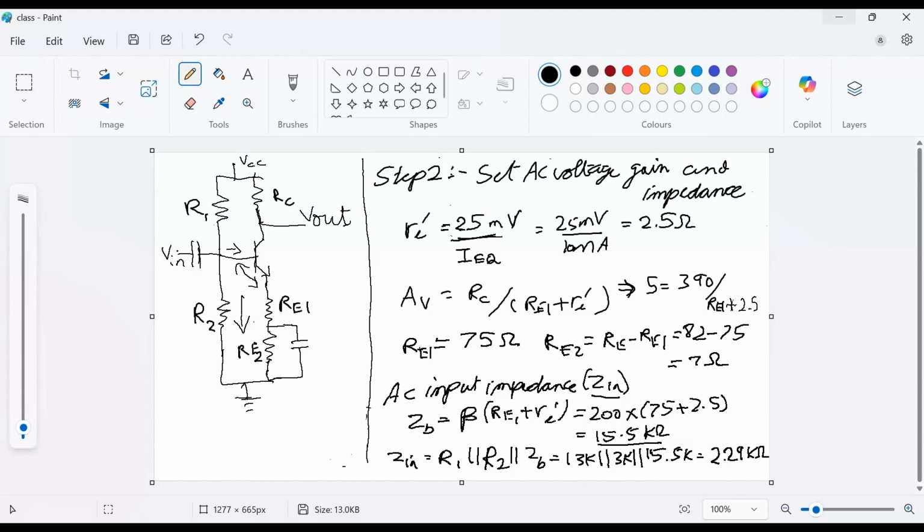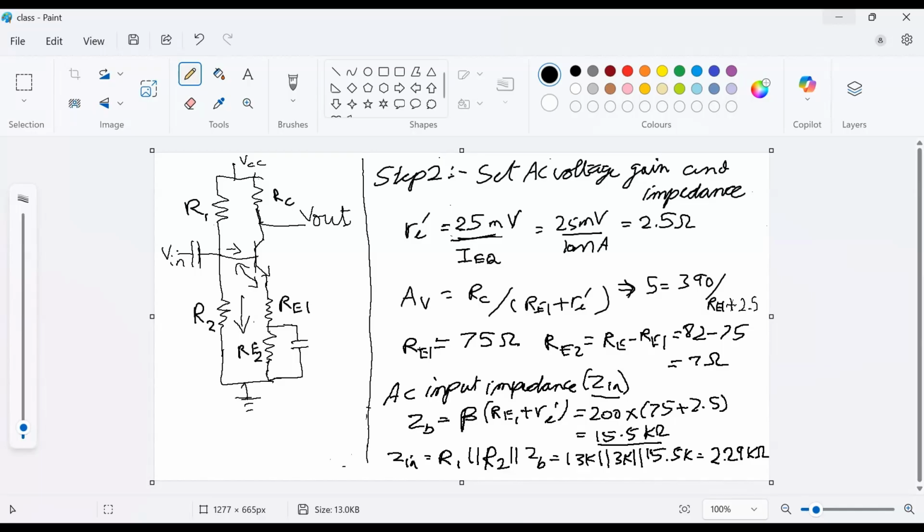So using this value, we need to calculate the RE1 resistor value. In order to calculate that, we are using the expression voltage gain is equal to RC by RE1 plus RE dash.